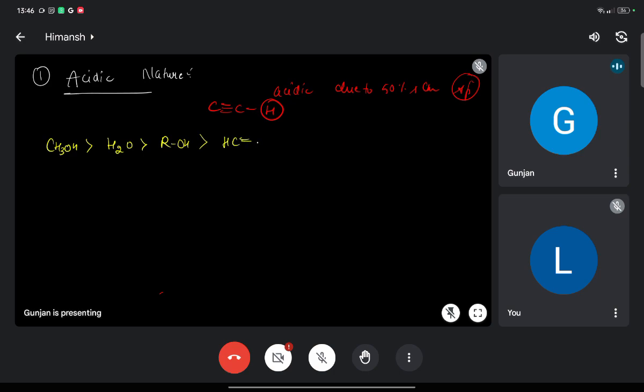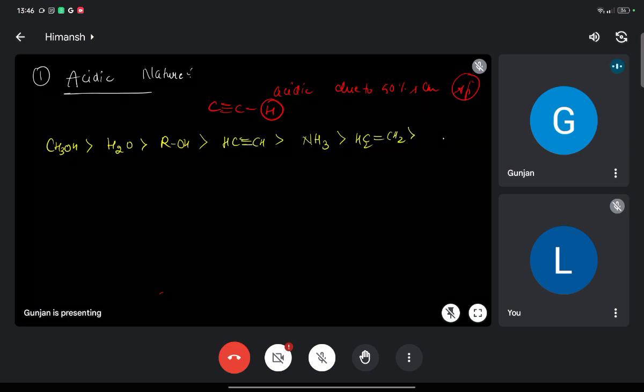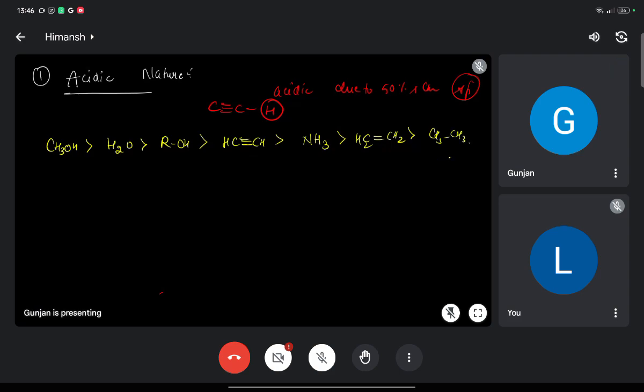Then alkyne, NH3, then alkene, then alkane. This is the order of acidic nature.